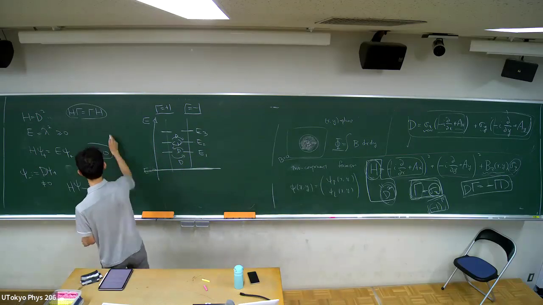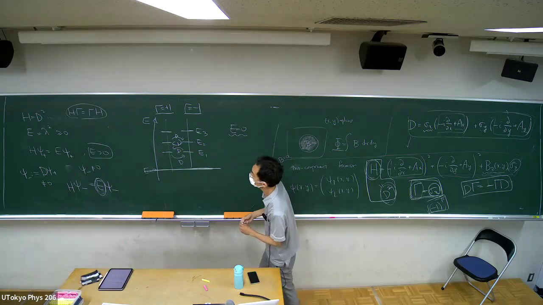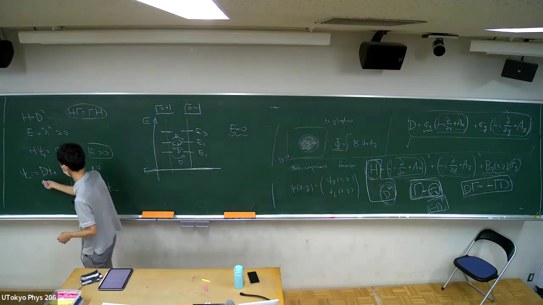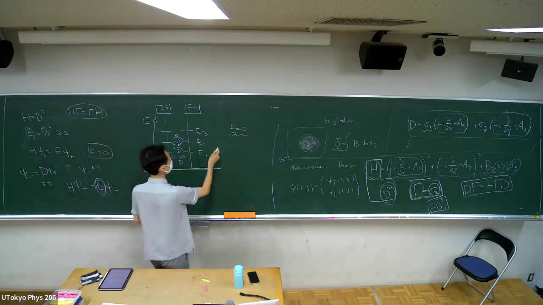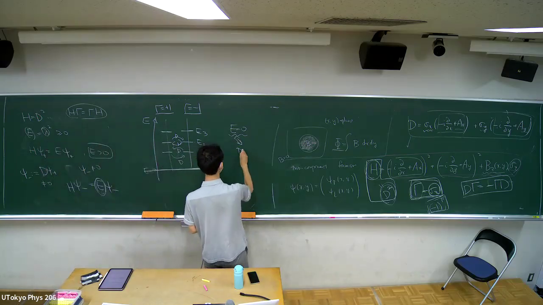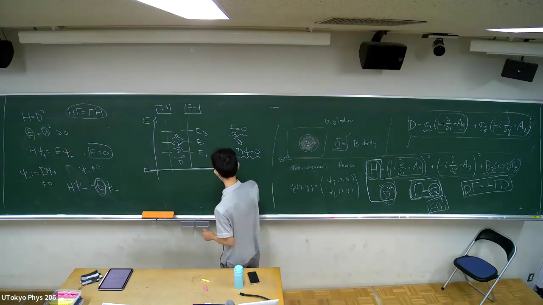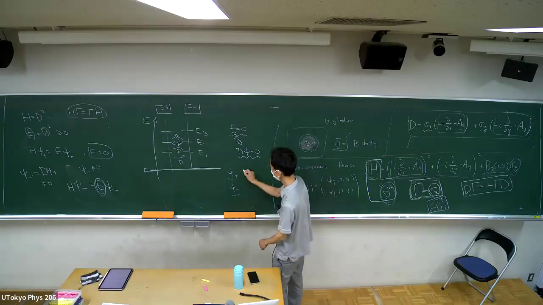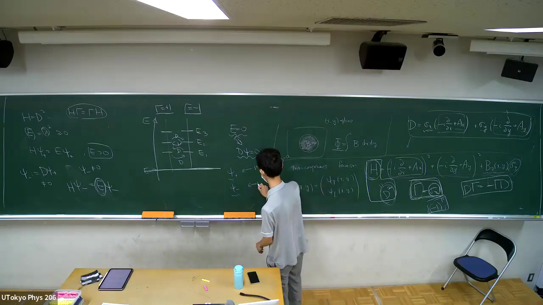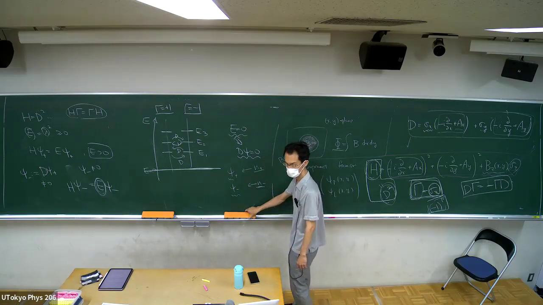But when E is 0, the lowest energy state, you cannot use this argument, because E being 0 means lambda being 0, means that D psi is 0. So in this case, psi plus and psi minus can exist independently. The number of such solutions is n plus, and the number of such solutions is n minus. And the index is exactly the difference between the two.